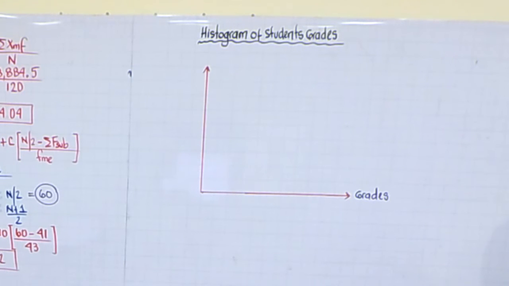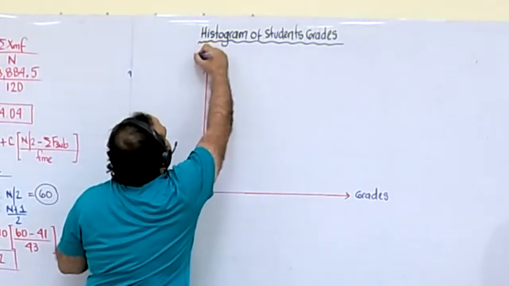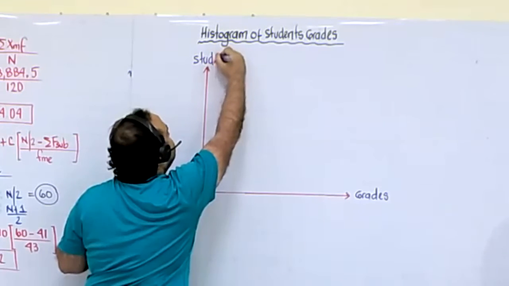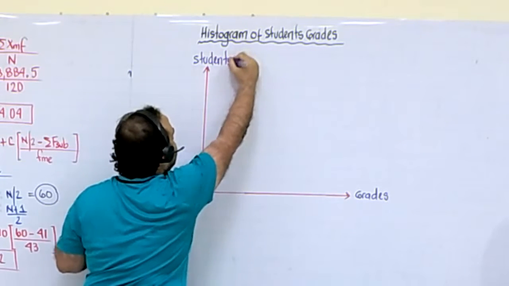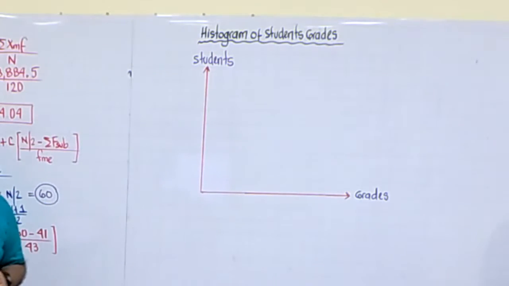And instead of y-axis, we're going to say number of students. Are you following this part?